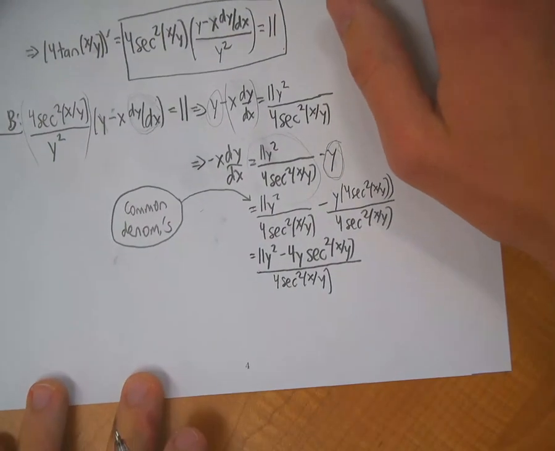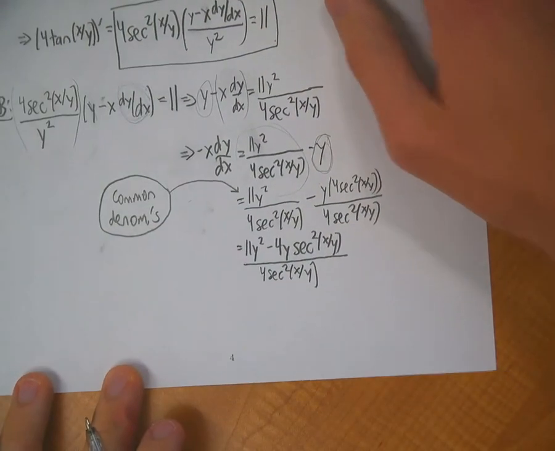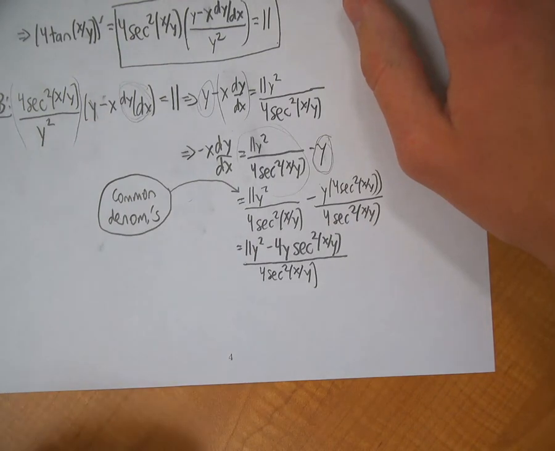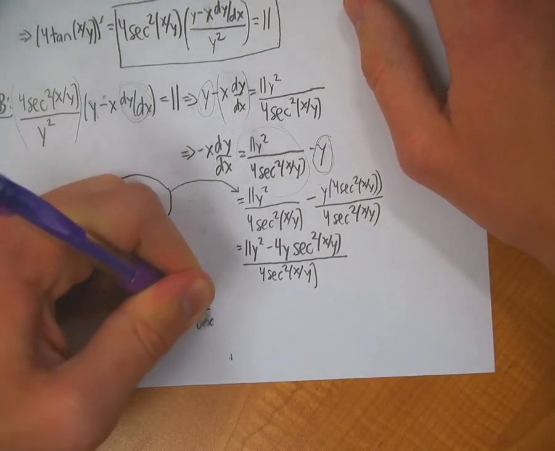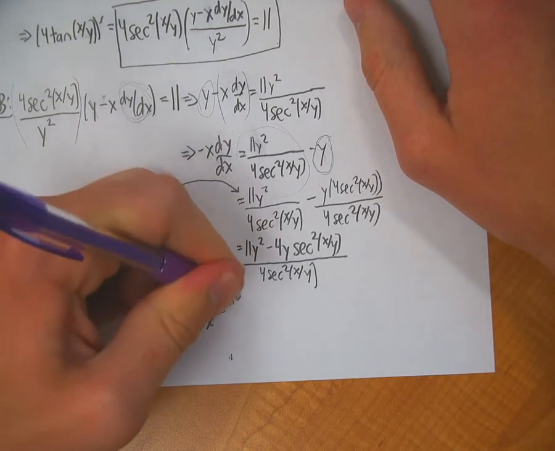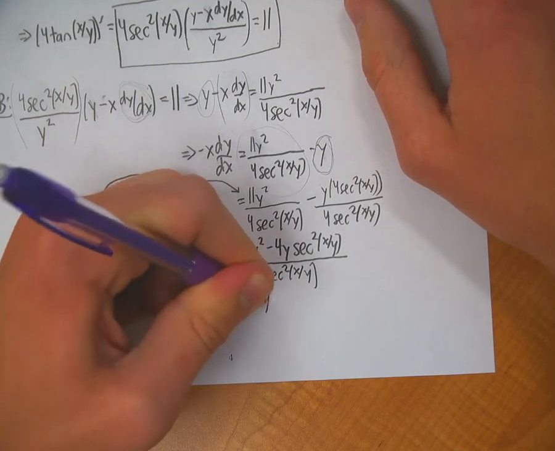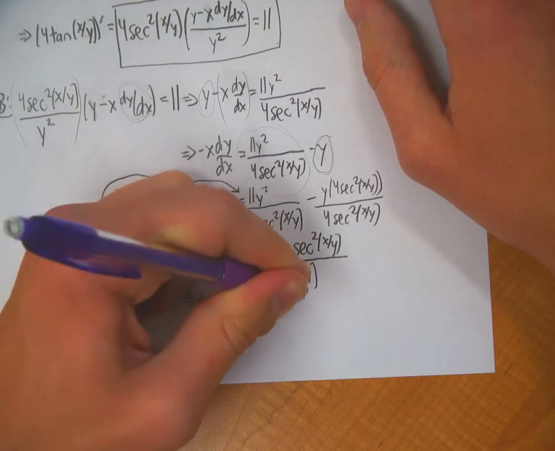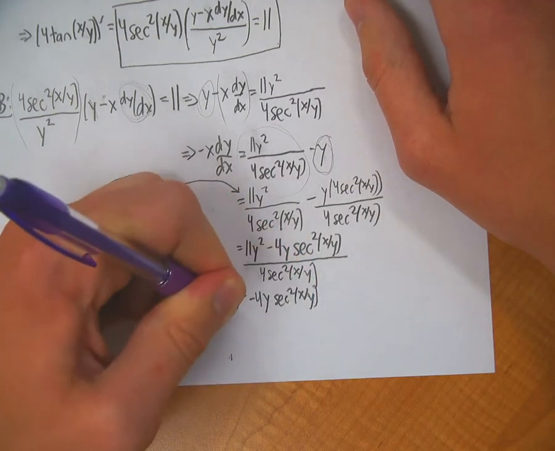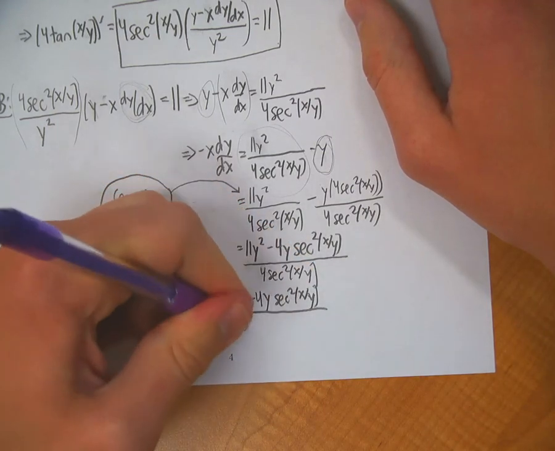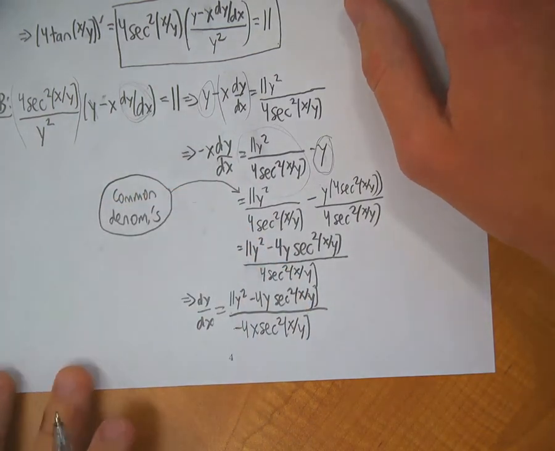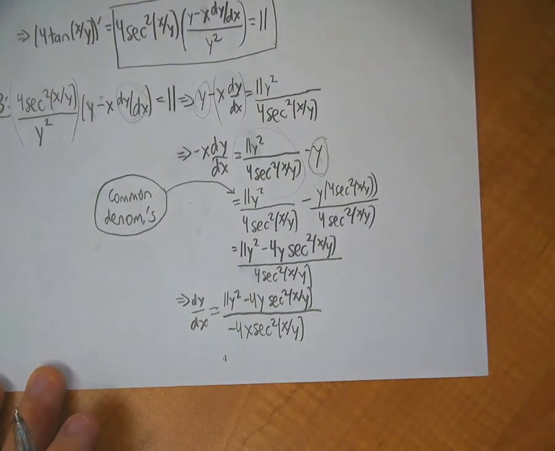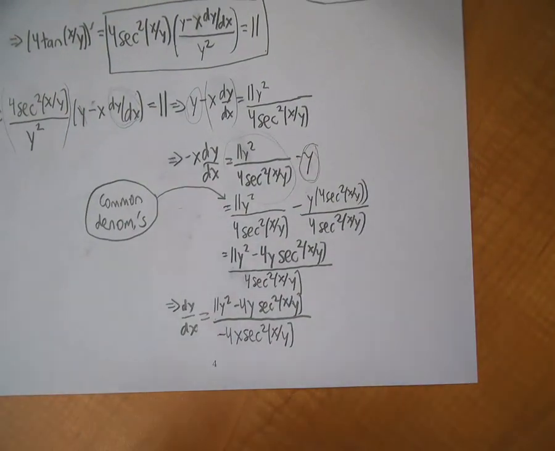Okay? Now we can divide by negative x to get dy dx by itself. So dy dx is 11y squared minus 4y times secant squared of x divided by y, all divided by negative 4x times secant squared of x divided by y. Okay? So the nice thing is that this is the final answer, and this is not wrong.